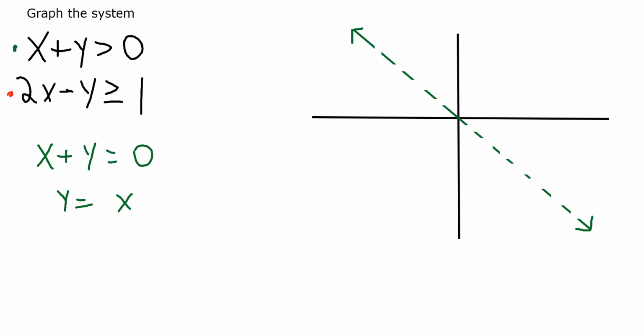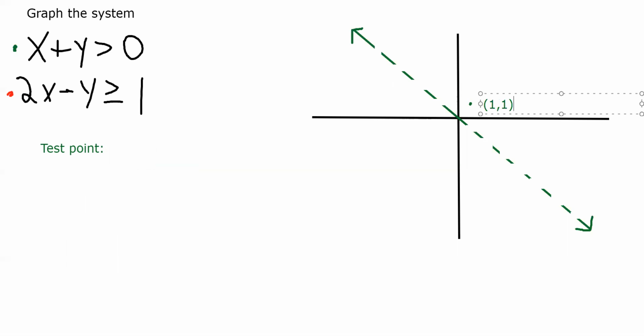What we're going to do is pick a test point. Let's try a test point. Well, I would wager that 1, 1, that point there, that's not on the line, which is perfect.